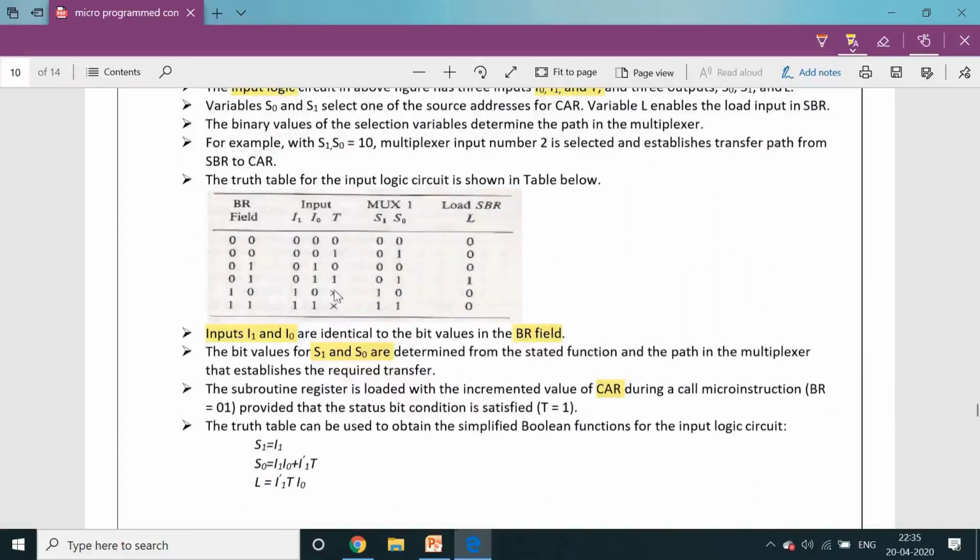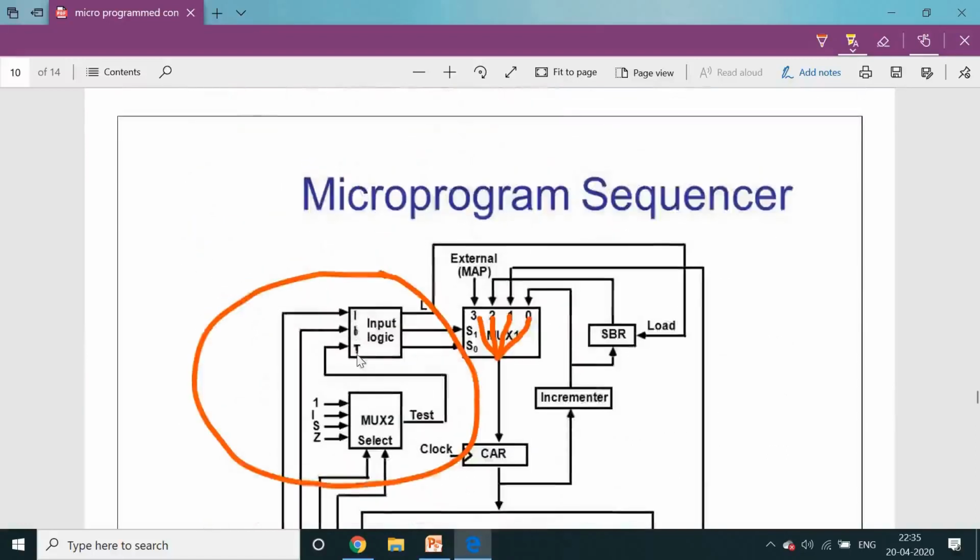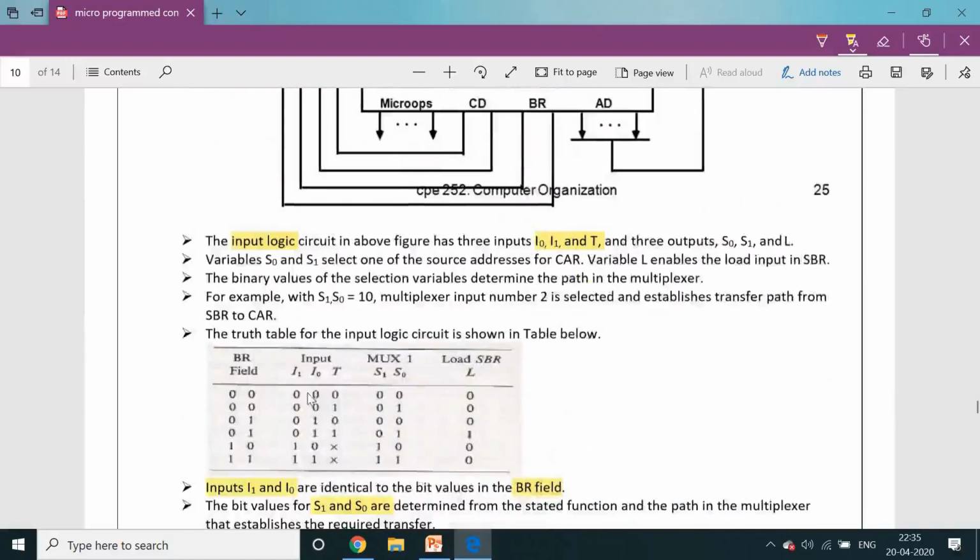In this case, the I0 and I1 fields of the branch field are both the same. Because the inputs are 3, I0, I1, T, a total of 8 possible input combinations are there.